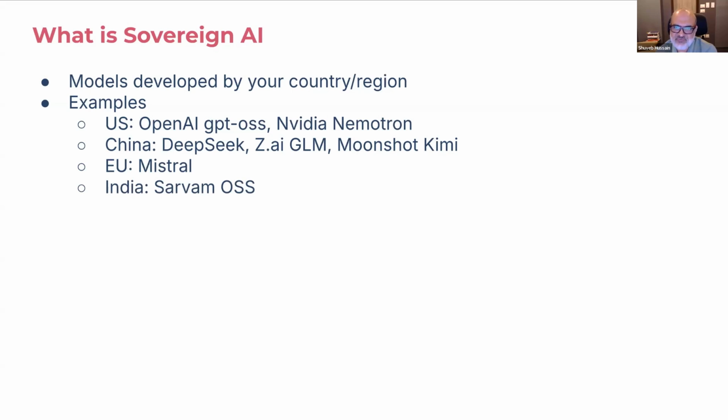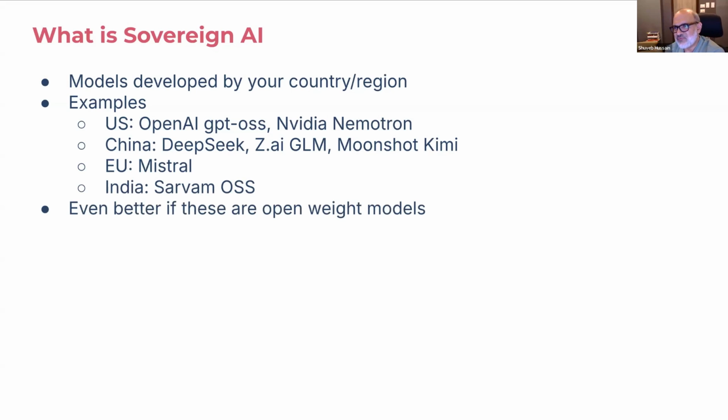Of course, if you look at the models I'm talking about, I'm partial towards the open source models. That is mainly because someone sensitive enough to seek out a sovereign AI model might also think about whether they can run that model within their environment.